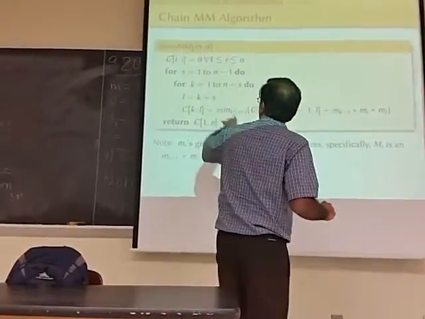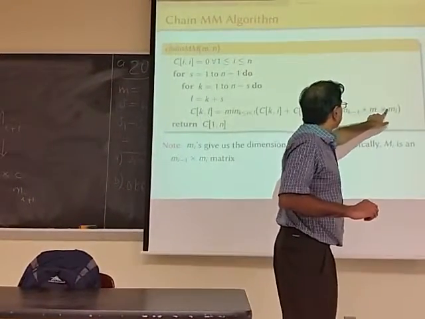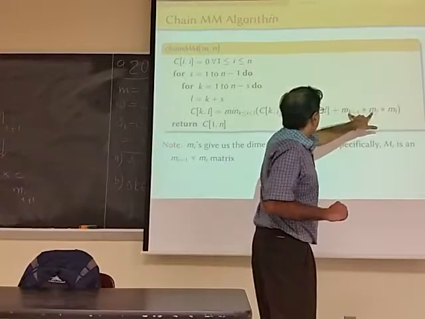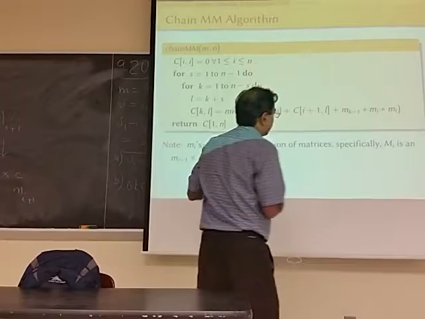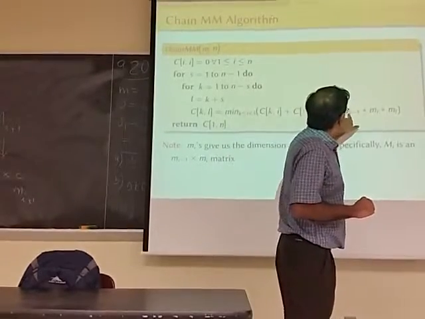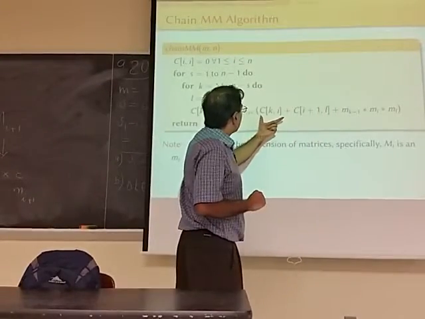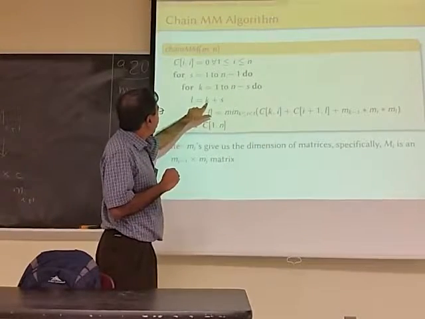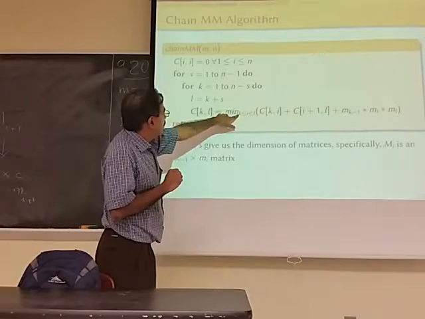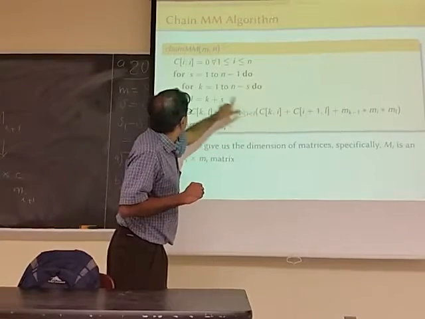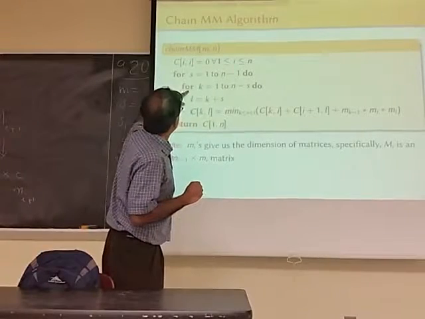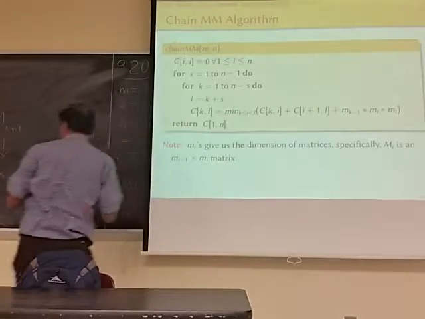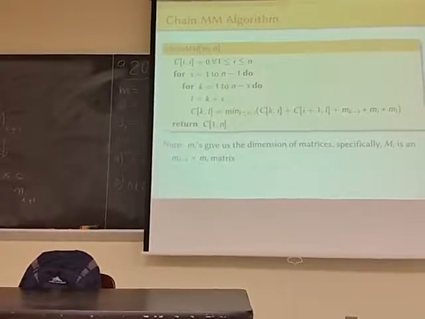Remember that what we are trying to do here is find out the cost of performing the last multiplication. So C of K comma L is computed in that loop.